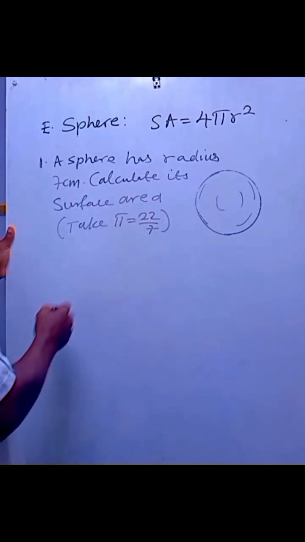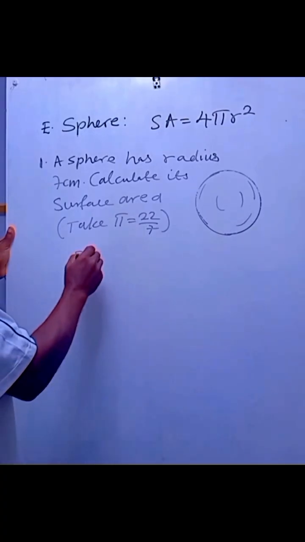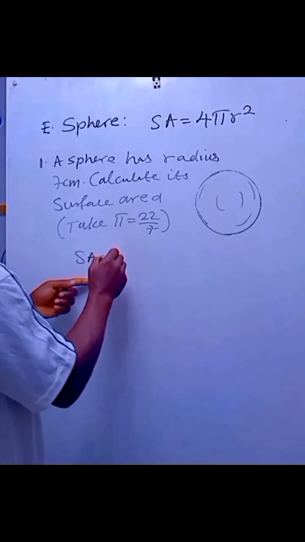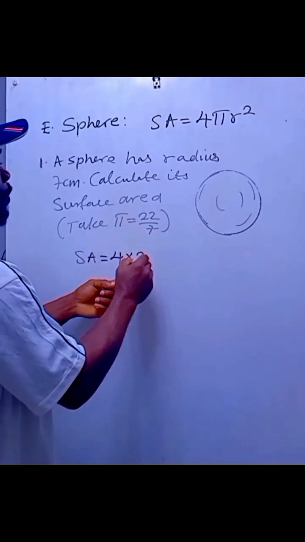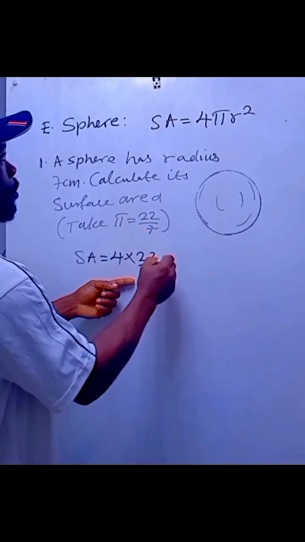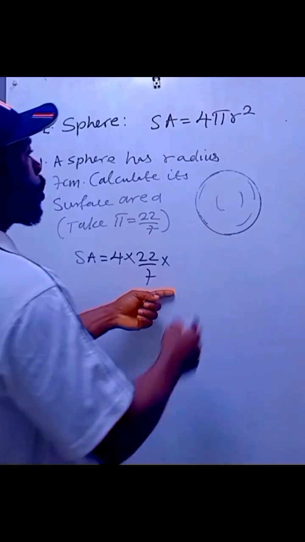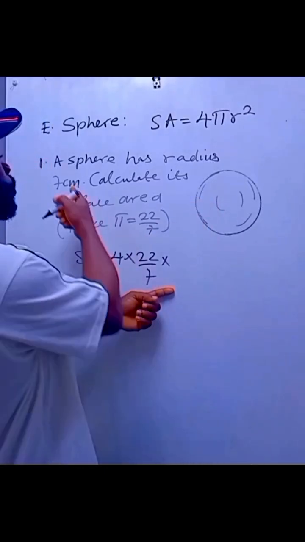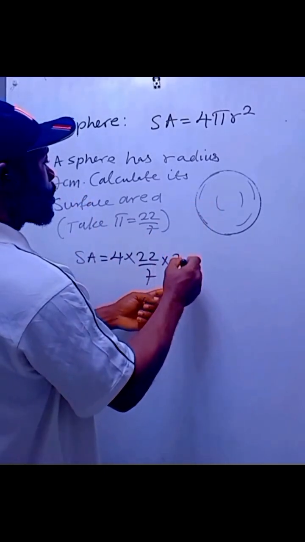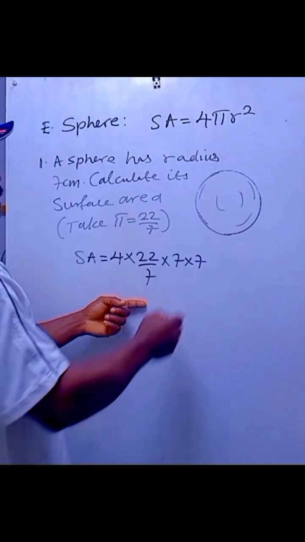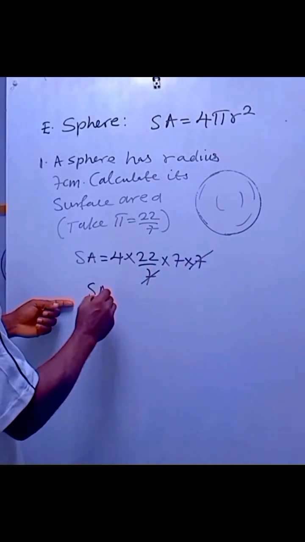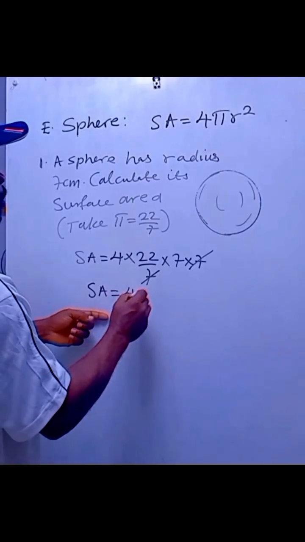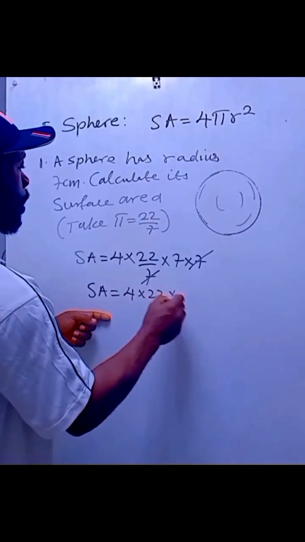Calculate its surface area. Therefore, the surface area, SA, is equal to 4 multiplied by the value of pi, which is 22 over 7, multiplied by the square of the radius of the sphere, which is 7 centimeters. 7 multiplied by 7. 7 will cancel out 7. Therefore, SA is equal to 4 multiplied by 22 multiplied by 7.